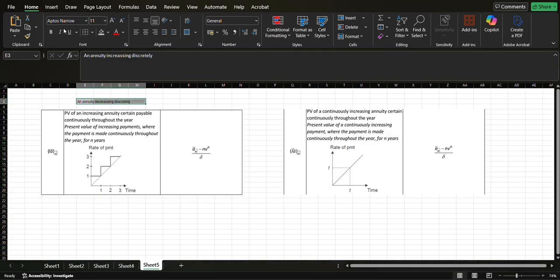Highlight that, put that in bold. And an annuity increasing continuously. Again, highlight that in bold.